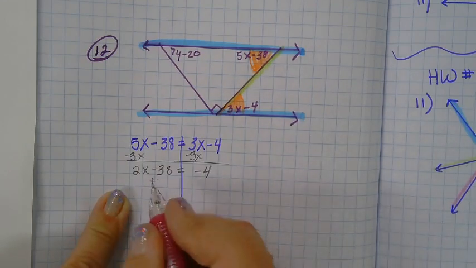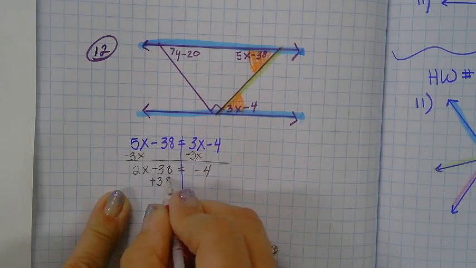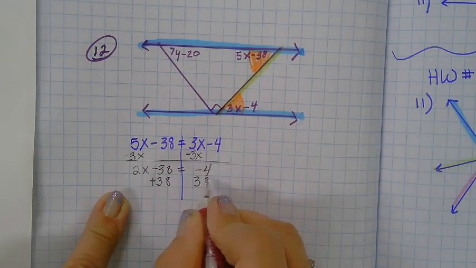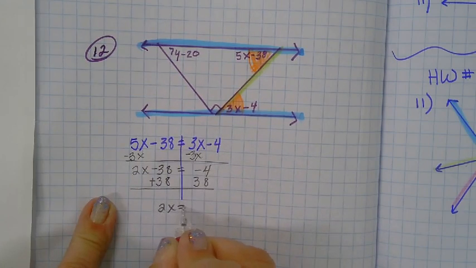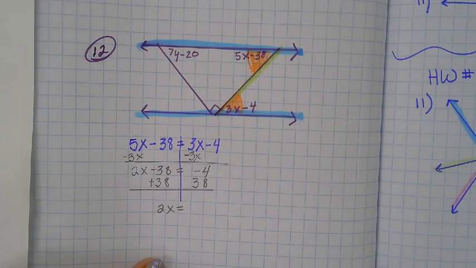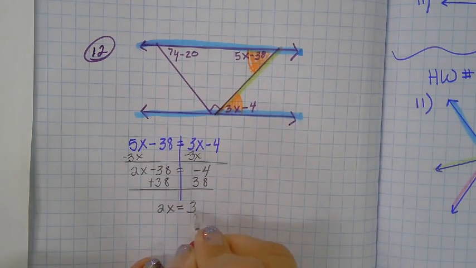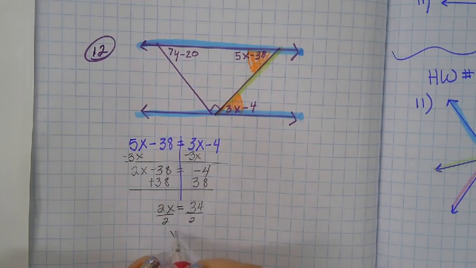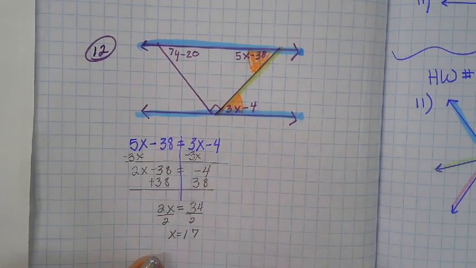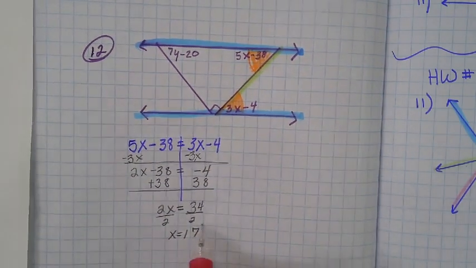And then we need to add 38 to both sides. So 2x equals 34. And divide both sides by 2. So x equals 17.